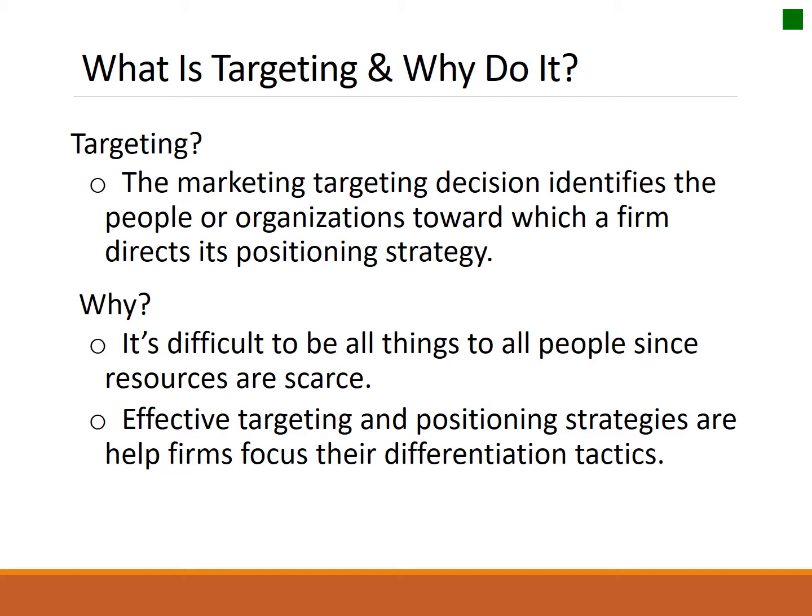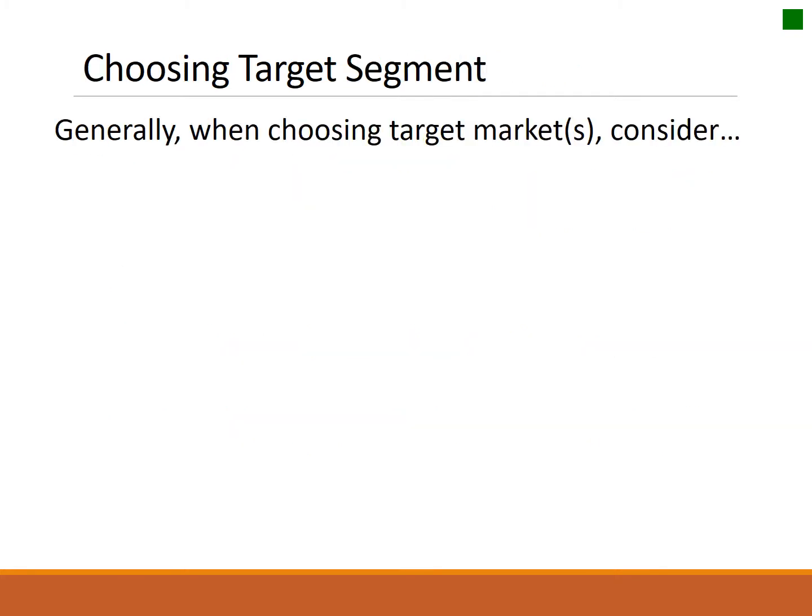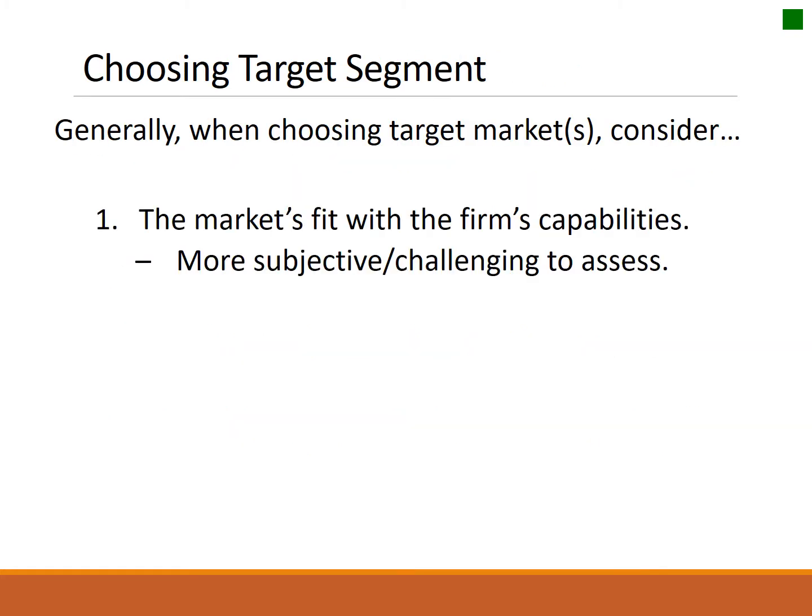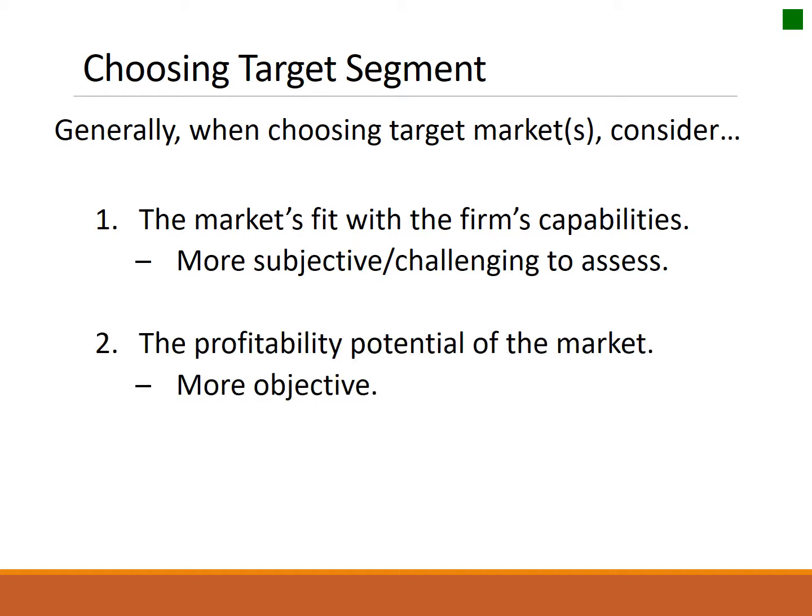So we want to identify customers who are most likely to buy our product and make sure that we're reaching them first with the resources that we have. Generally speaking, we want to find those market segments that fit us and what we do from a firm's perspective well, and those that are going to be profitable.